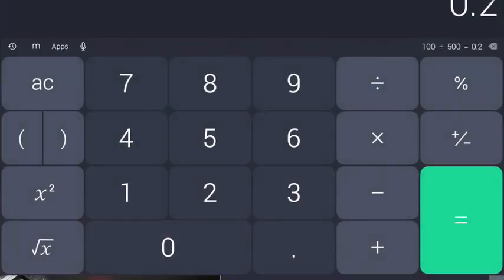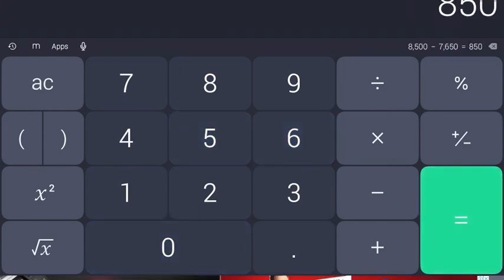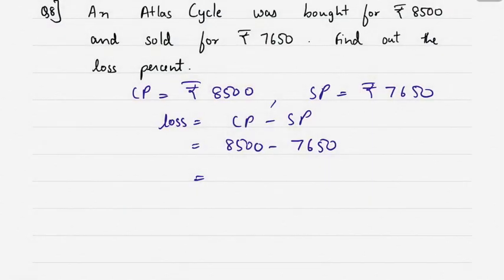8,500 minus 7650. It comes to 850. Okay. Find out the loss percent.